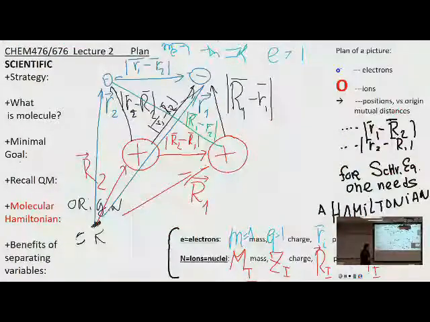Is the kinetic energy of the nucleus always considered as 0? No. When we write equations, before we do approximations, the kinetic energy of the nucleus is not zero, because everything in real life exists at room temperature.